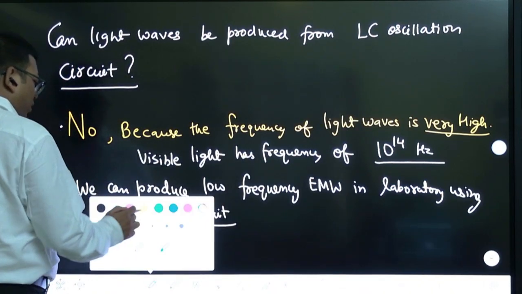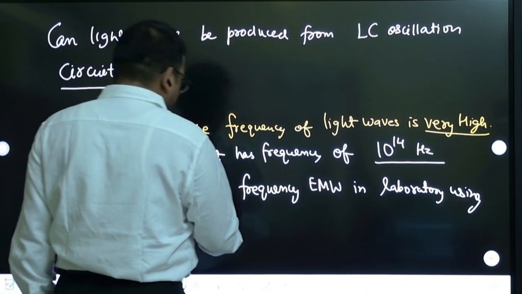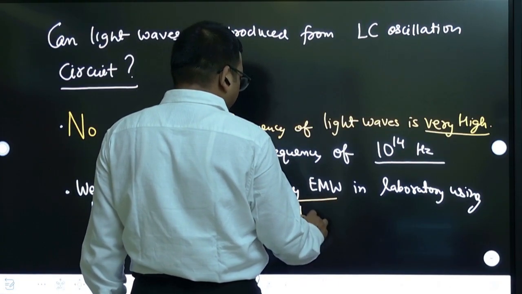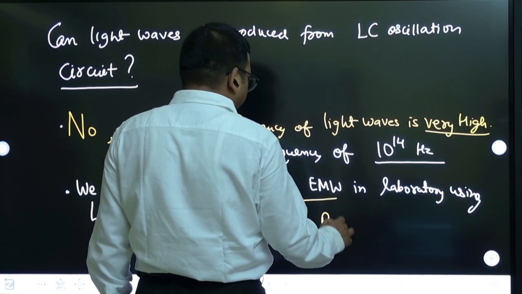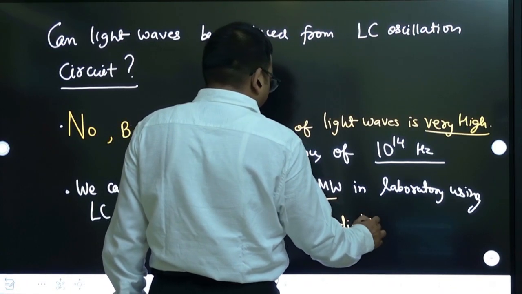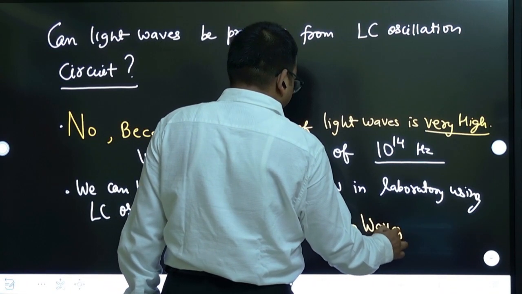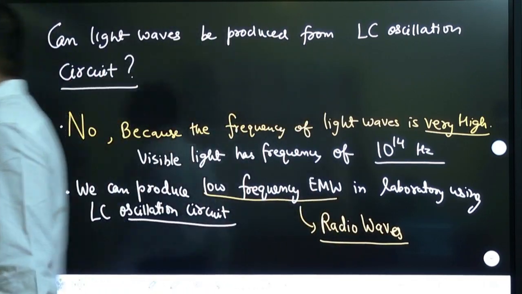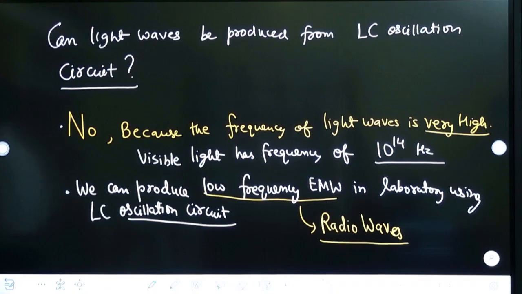What are low frequency? Low frequency electromagnetic waves means radio waves, which definitely can be produced.